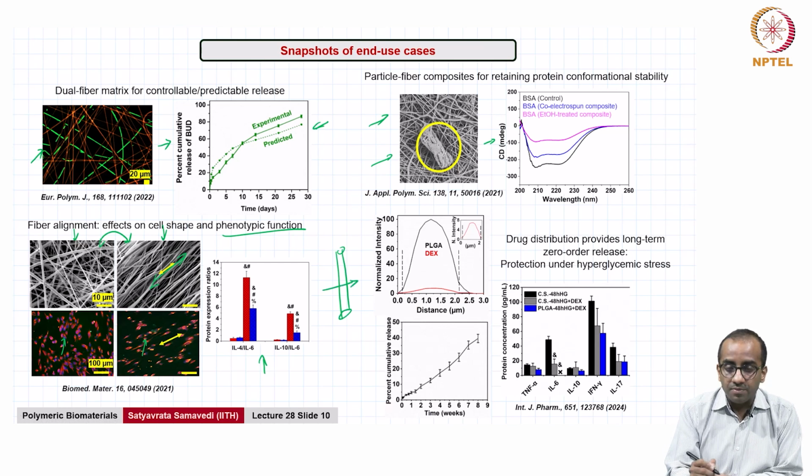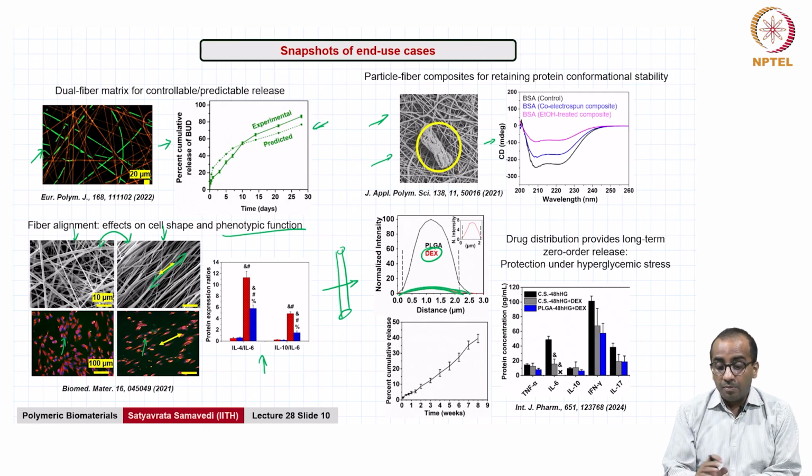As you go through the fiber, you see that there is drug that is homogeneously distributed throughout the fiber, and this fiber is PLGA. It turns out that because PLGA is glassy largely at 37 degrees, and the drug is distributed throughout the matrix, you get very slow controlled release because the free volume is less.